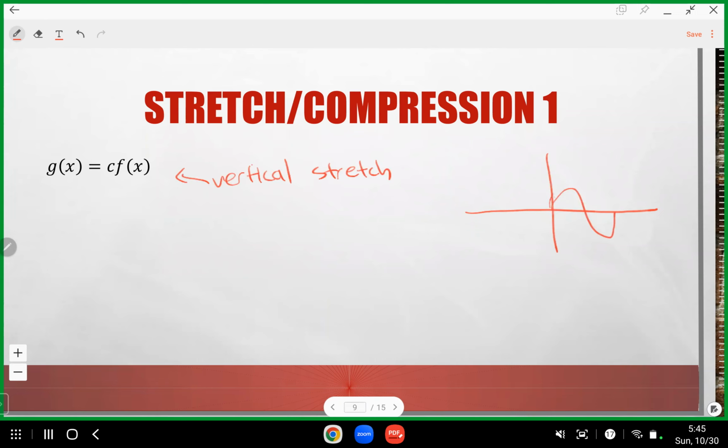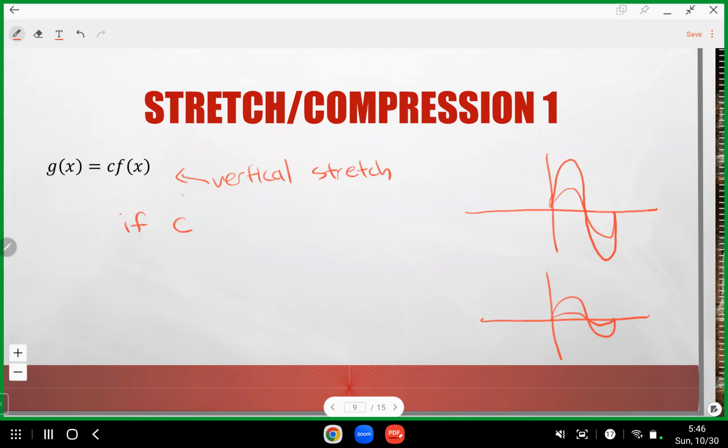So what we get is something like this. We get something like this because we stretch it, right? We stretch it, or we could get something, all right? This is a regular one, or we could get something like this. We compressed it, right?